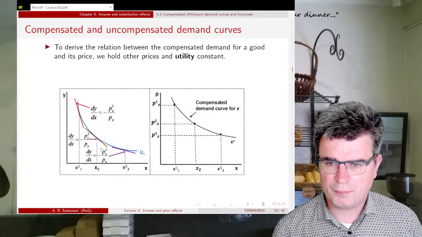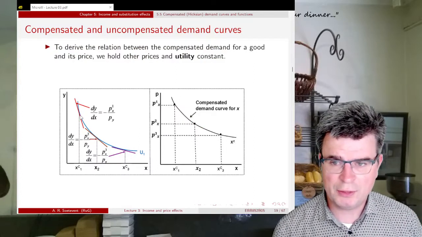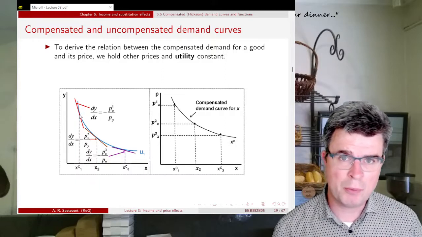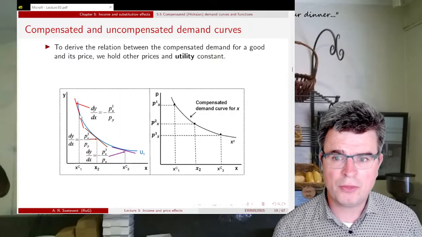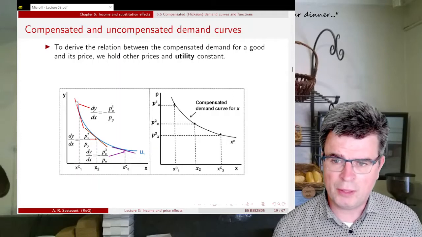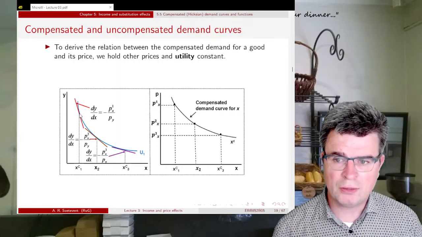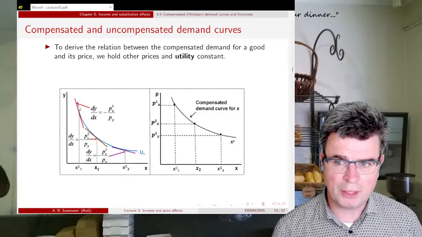And if instead we would have an increase in the price of good X, but we would compensate the individual such that he would still be able to attain his original indifference curve, then we again choose the consumption bundle that is on the old indifference curve and where the indifference curve is tangent to the new price ratio.